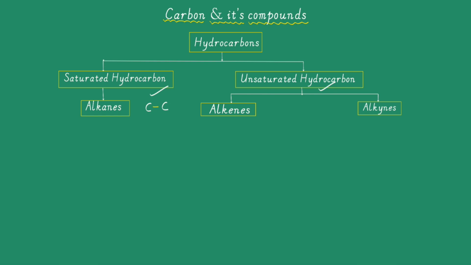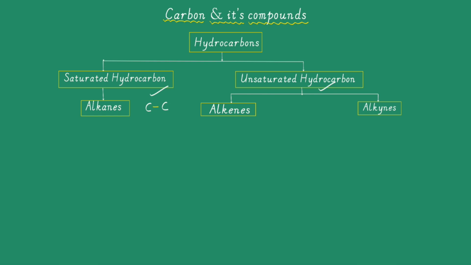Then when do we say that the hydrocarbons are unsaturated hydrocarbons? If there is a double bond between carbon and carbon or a triple bond between carbon and carbon. So if only a single bond is there, saturated. If a double bond or triple bond is there, then they will be called unsaturated.